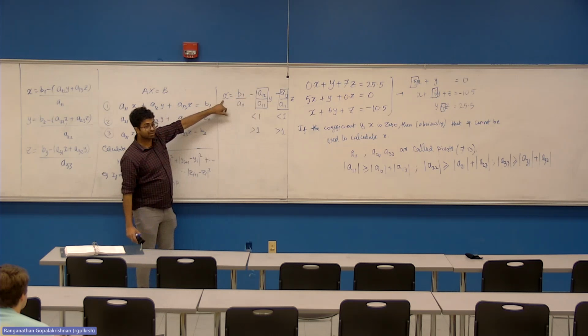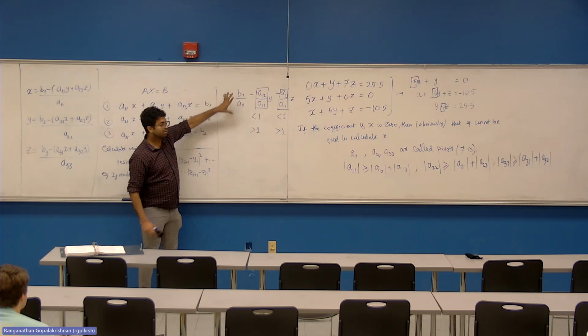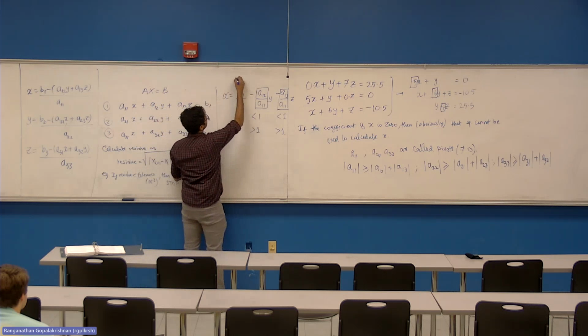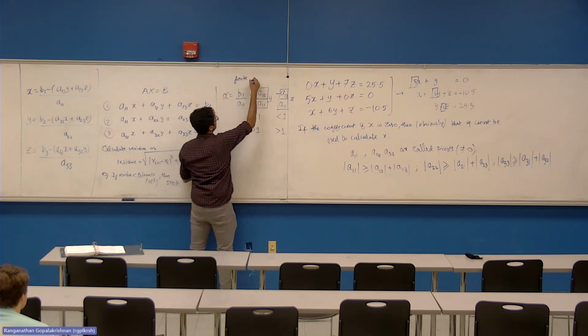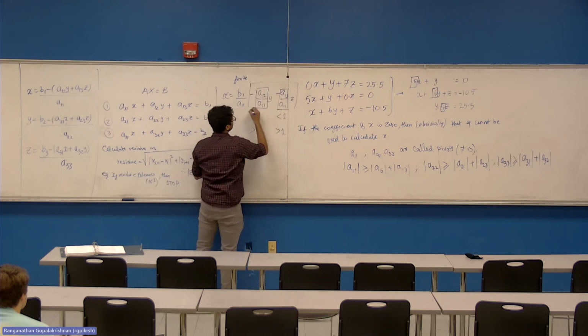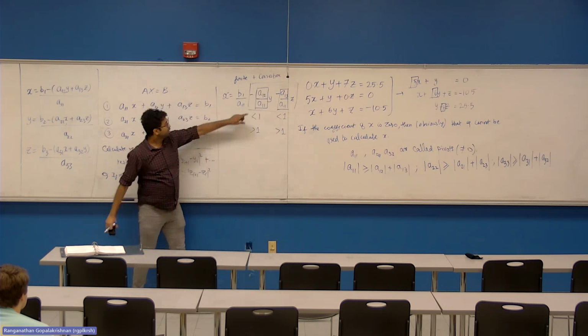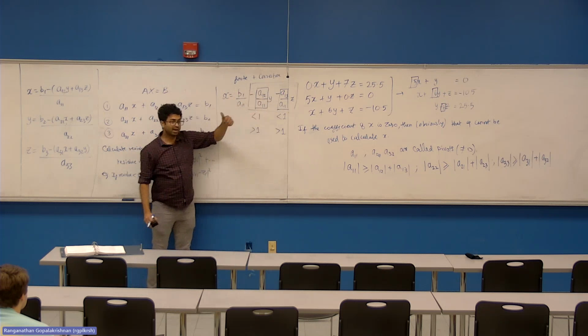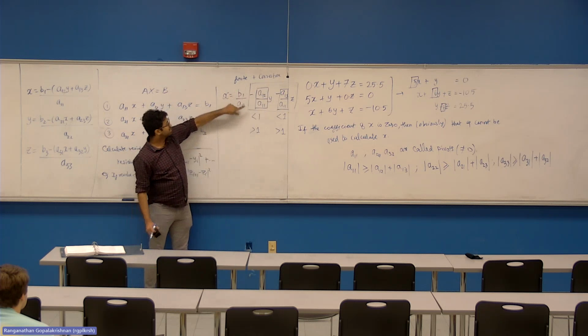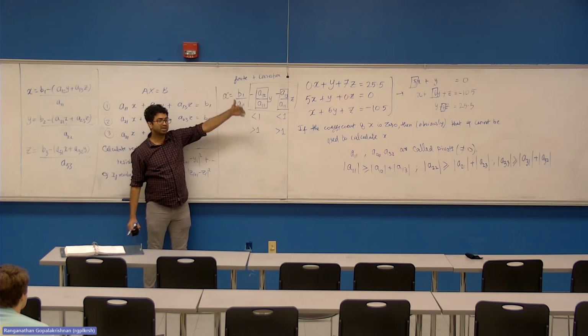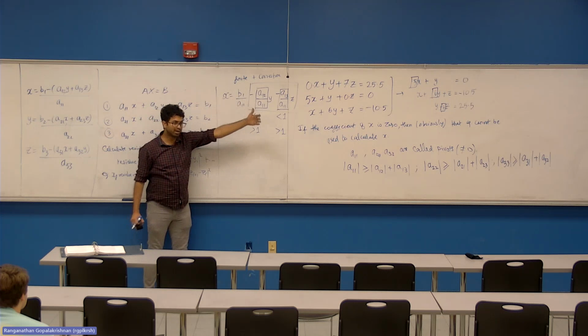You are having an x, which is a finite number. So this is like a finite number. And then this whole thing, you can look at it as a correction. If your ratios are greater than 1, your correction keeps increasing in magnitude as iterations go by.